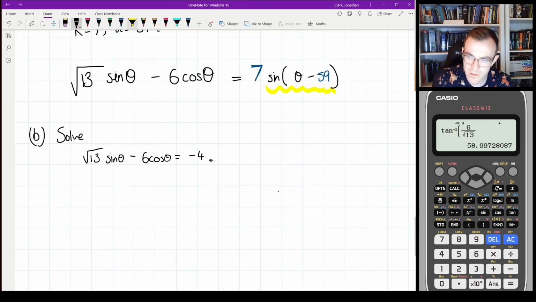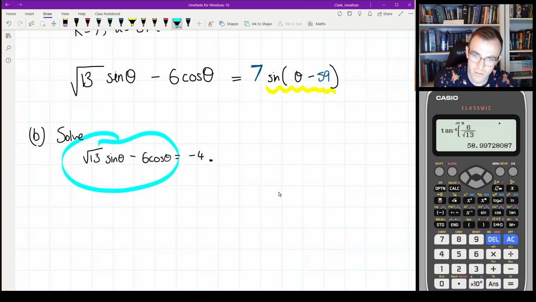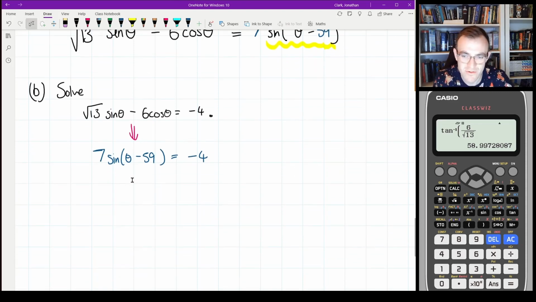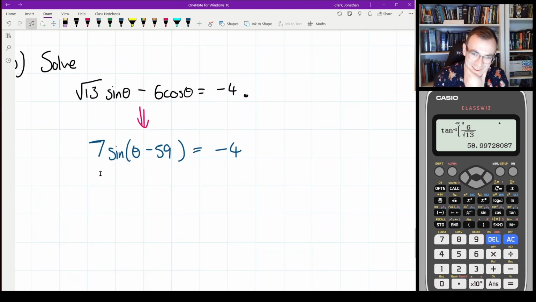Right, okay, so the thing to notice is obviously we just had this. We've worked out that it's equivalent to this, so we can change them. That is the first thing to do. I don't know why I've changed pen color. Just thought I'd jazz it up, it would look nice.